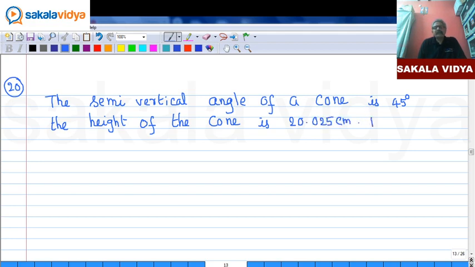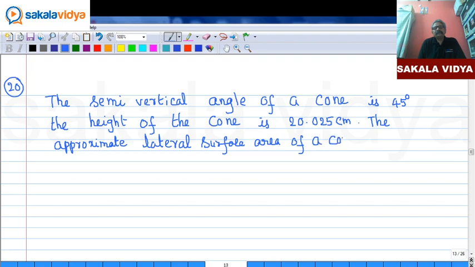The approximate lateral surface area of a cone is, this is the question.